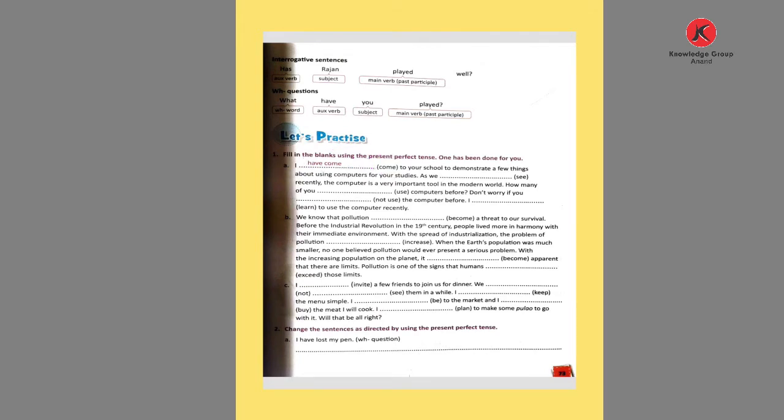Then the next: As we blank recently, the computer is a very important tool in the modern world. Here the verb given is see. So we use have plus past participle of see. Have seen is the answer.